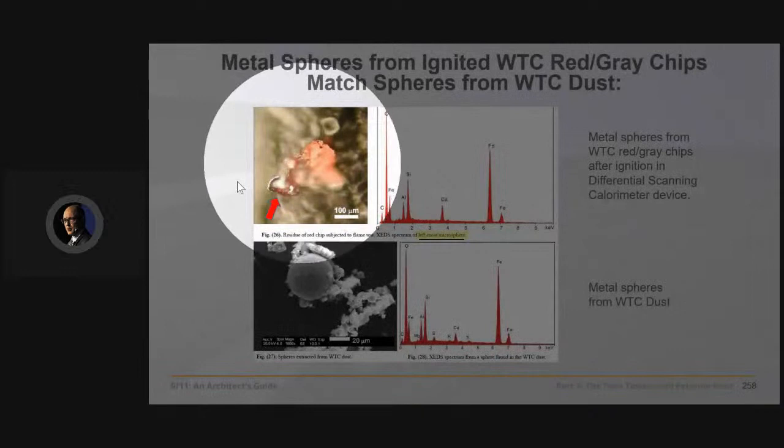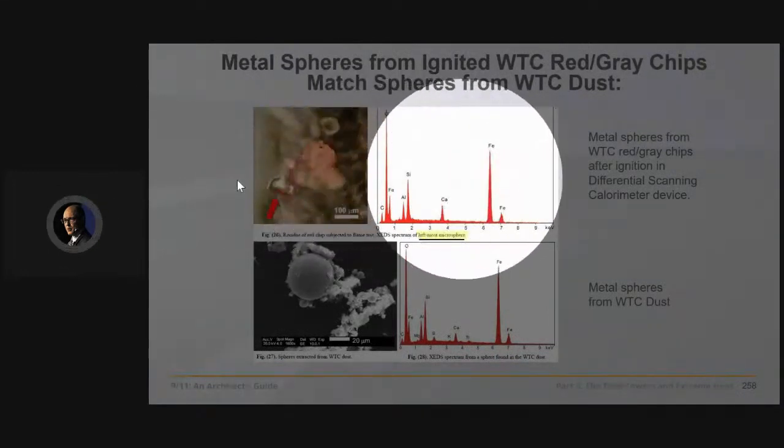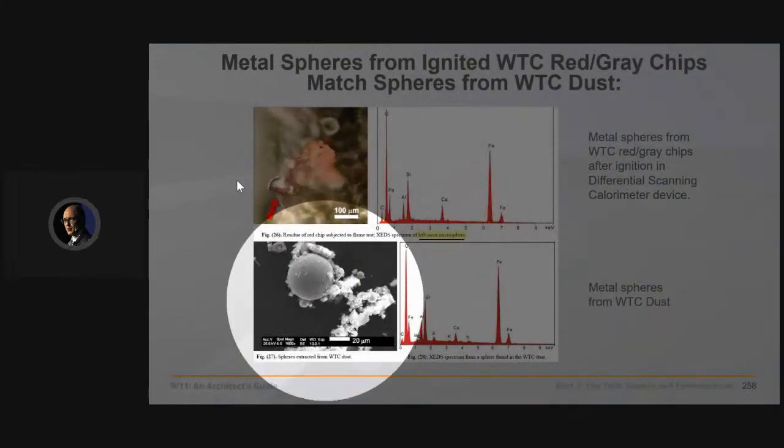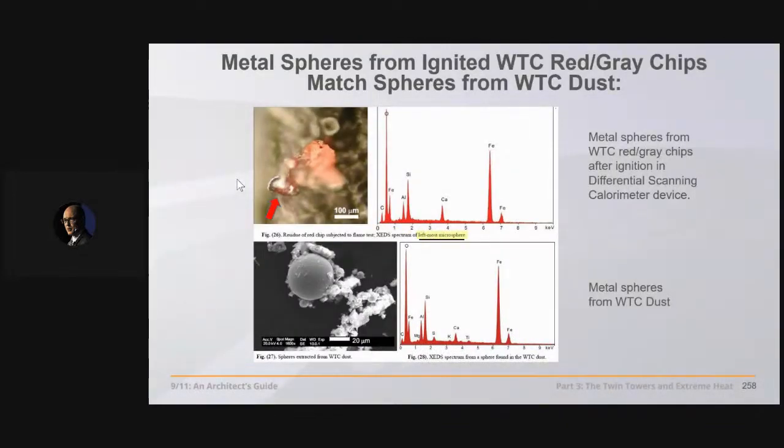Producing iron microspheres with the same chemical signature as the iron microspheres found in the World Trade Center dust by the U.S. Geological Survey. So you see, we know where these iron microspheres came from.